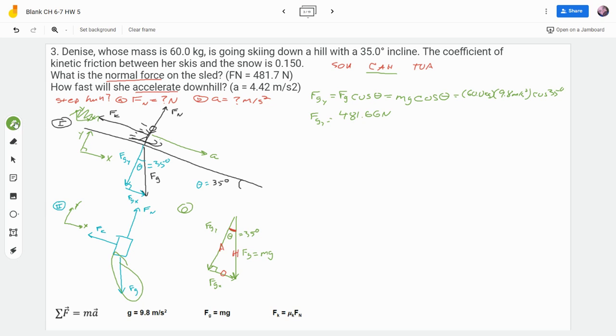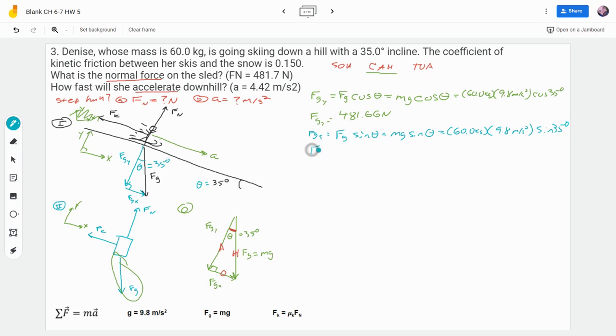F sub gx, I'll change colors, maybe that'll make it a little easier, is going to be equal to F sub g times sine theta, which is really mg times sine theta, which is really 60 kilograms times 9.8 meters per second squared times sine of 35 degrees.